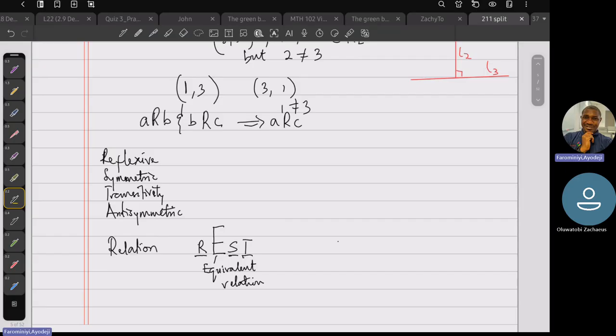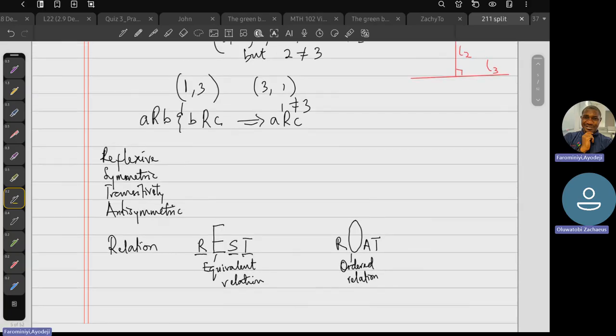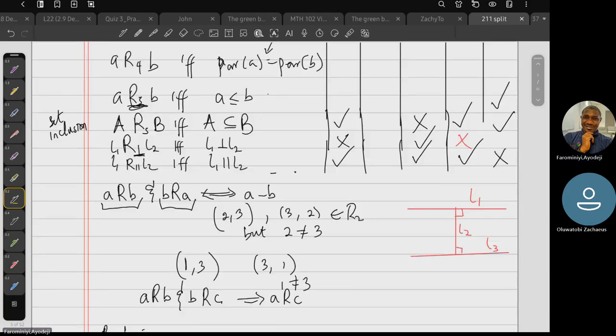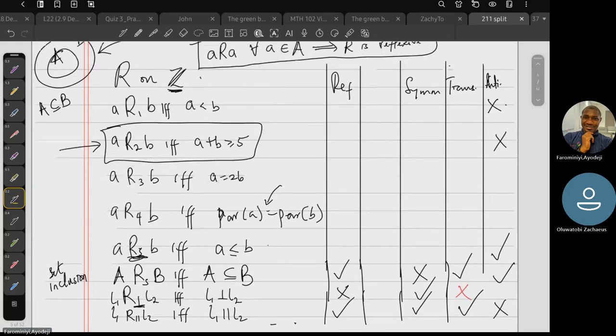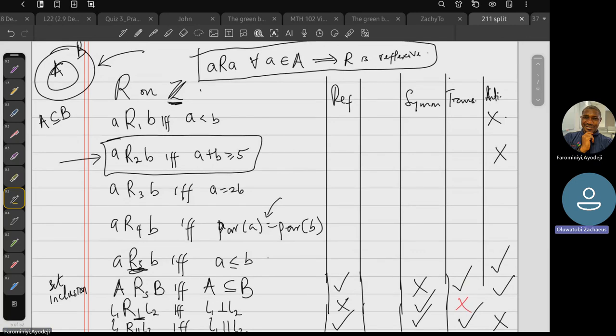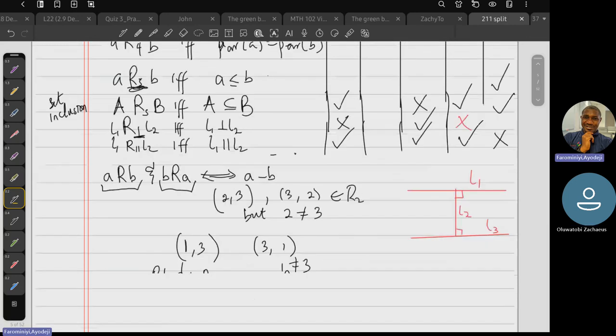And a relation that is reflexive, antisymmetric, and transitive is called an order relation. A good example of an order relation is, let's see, it will be R5.